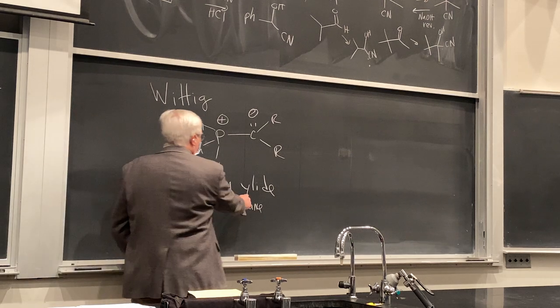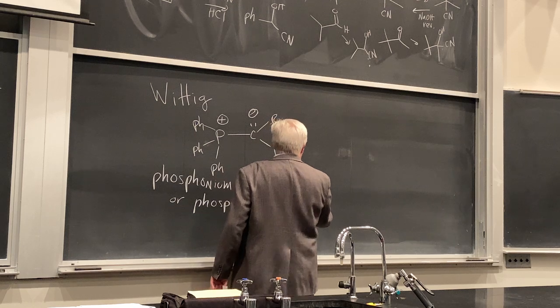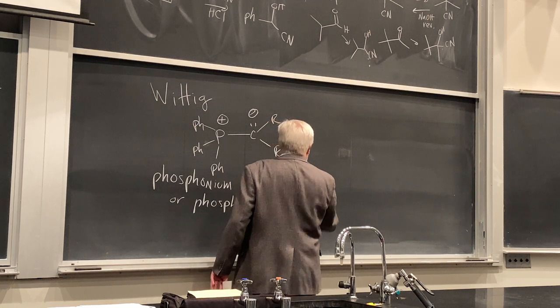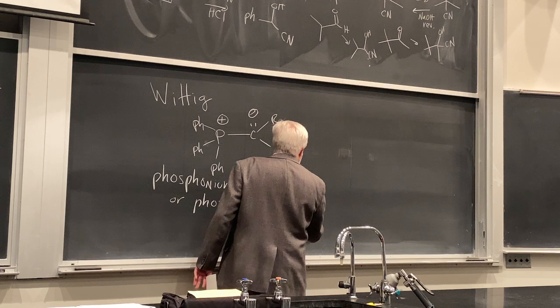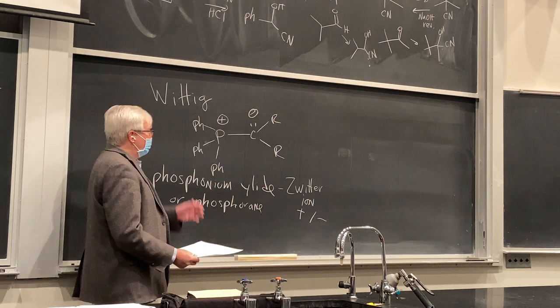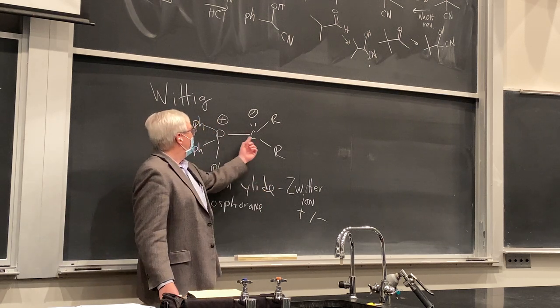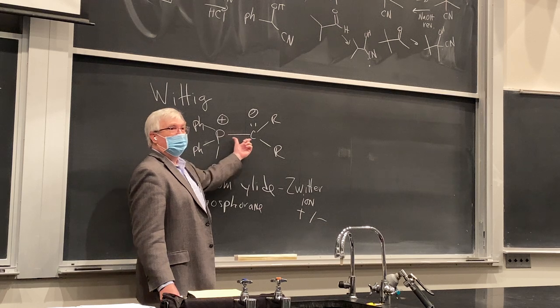You should know this part, this ylide. This ylide refers to a specific type of ion called a zwitterion. And a zwitterion means there's a plus and a minus charge within the same molecule. A special type of zwitterion is called an ylide, where the negative and the plus charges are right next to each other.